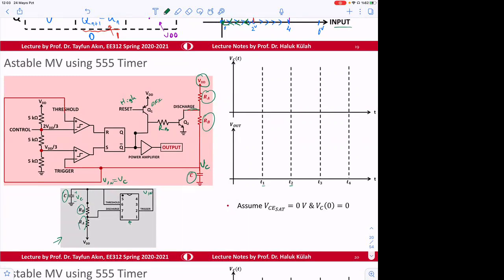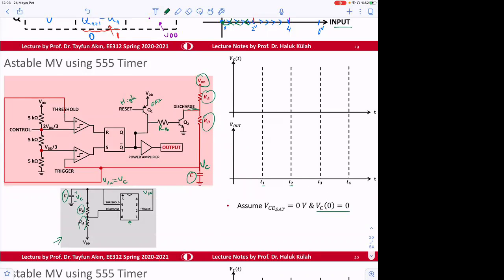So here is the general operation. What is happening when input is 0? Here, for analyzing these kinds of circuits, it's good to make an assumption like the capacitor is already discharged, okay? So the capacitor is 0 volt.